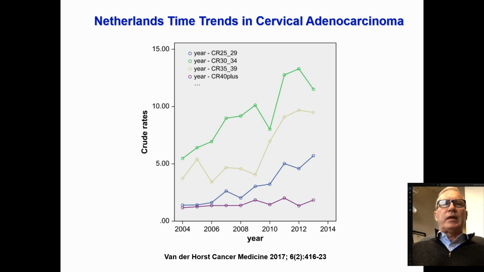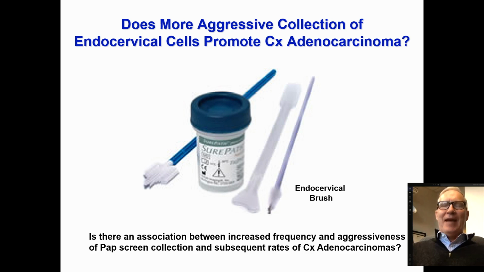So one of the questions, next slide. So the question then is, does more aggressive collection of cells, for instance with the cytobrush, which had been implemented during this period, promote adenocarcinoma at the cervix? In other words, is there an association between the increased frequency and aggressiveness of Pap screen collection and the subsequent rate of cervical adenocarcinomas?